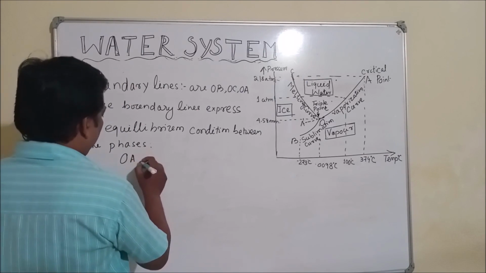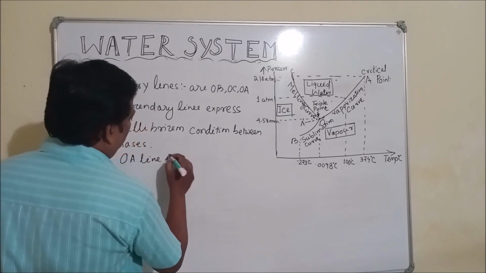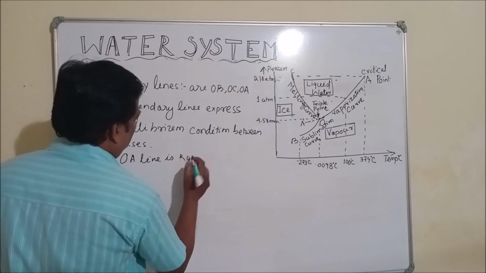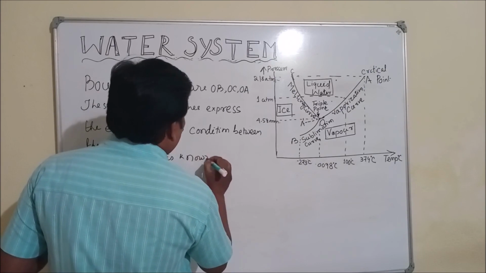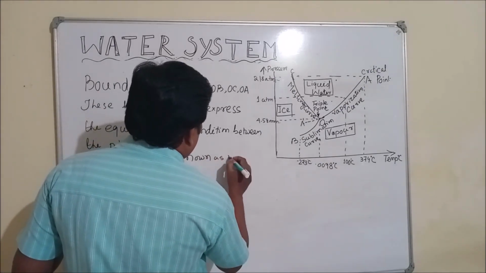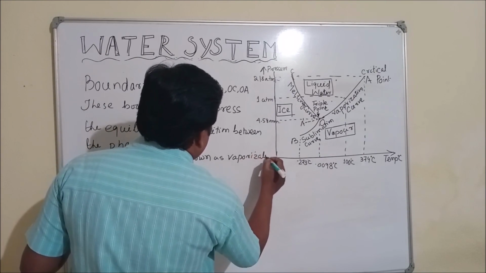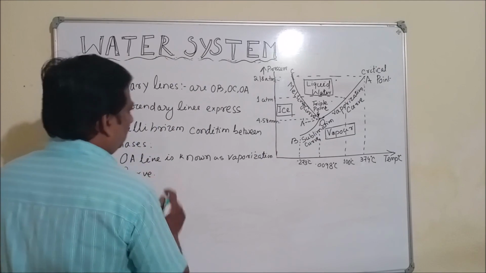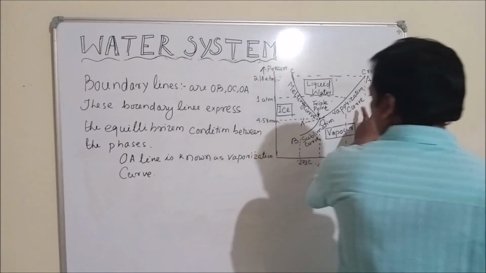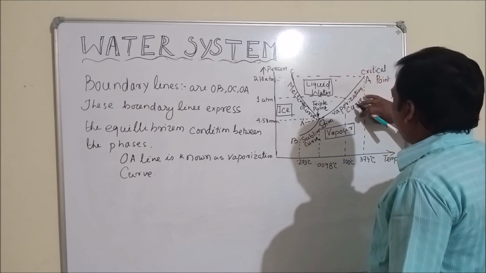The OA line is known as the vaporization curve. It is the equilibrium between liquid water and vapor phase.